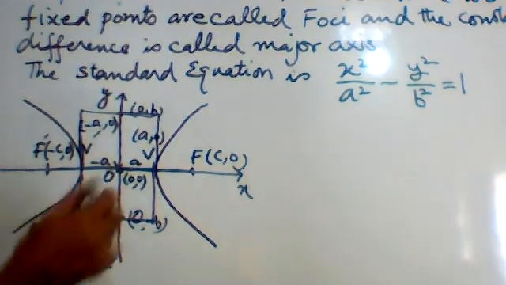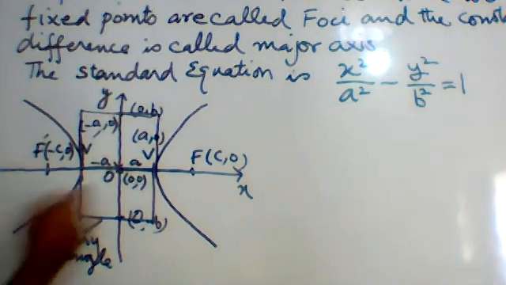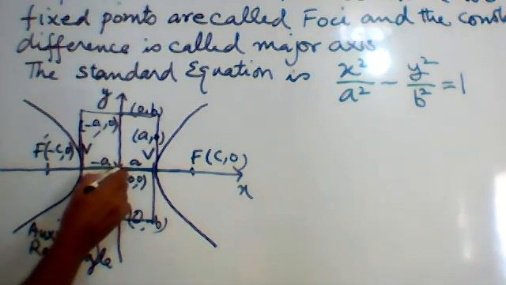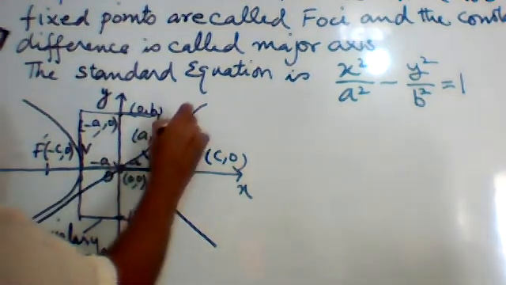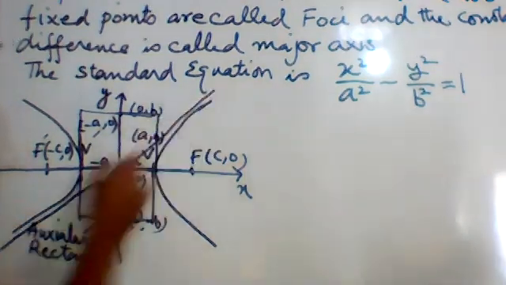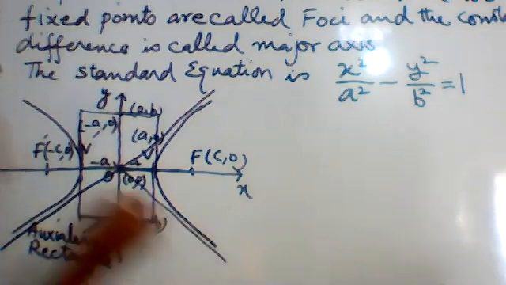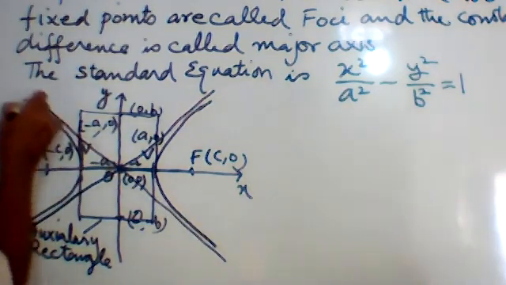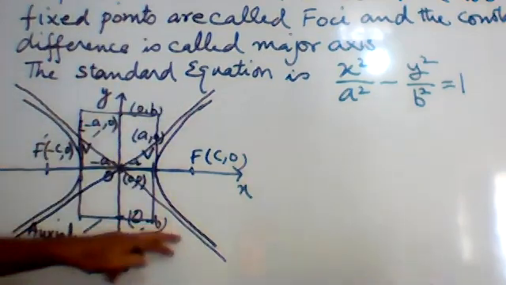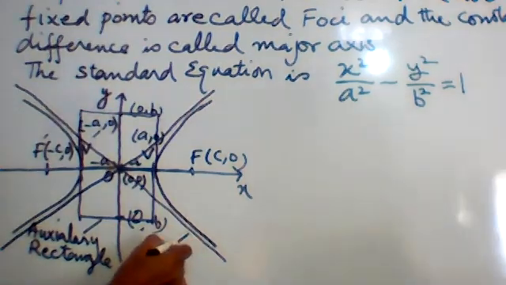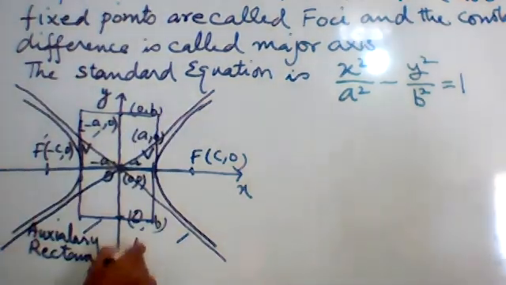There are two lines which are passing through the center, and they are just touching the hyperbola. This is the line, this is the line, just touching the hyperbola.